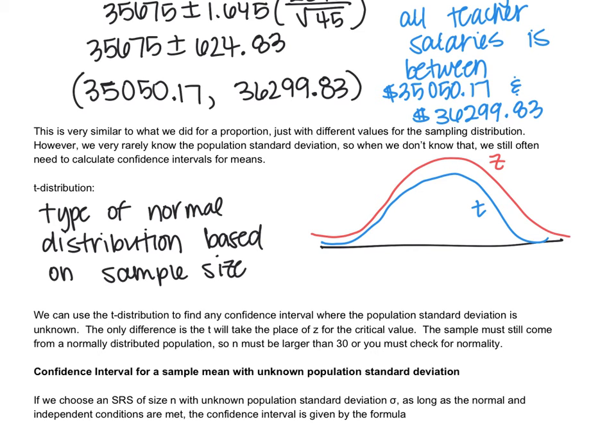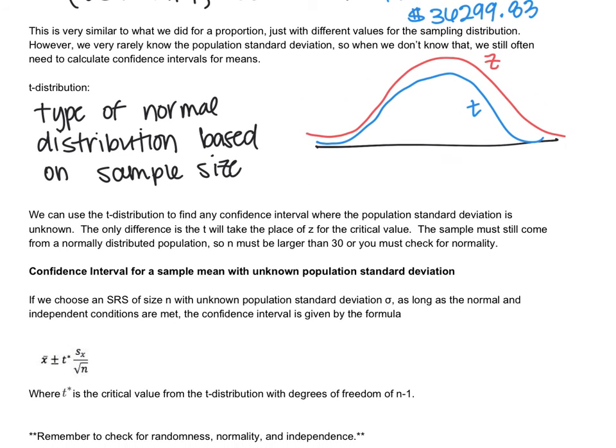It might be a little bit below because the sample is typically smaller than the population. We use the T distribution to find any confidence interval where the population standard deviation is unknown. So we replace the Z critical value with T. The sample must still come from a normally distributed population, so n still has to be larger than 30, or you have to check for it being normal a different way.